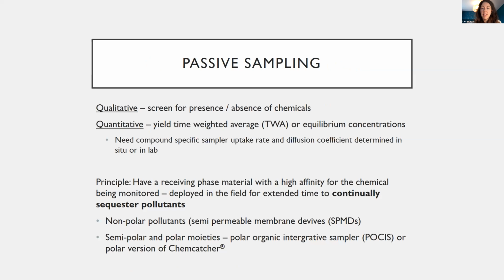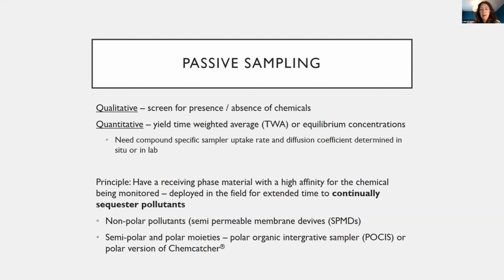So the next sampling technique I'm going to talk about is passive sampling. Passive sampling has recently become a major tool when you're looking at organic contaminants in surface waters, groundwaters and wastewater as well, in fact. And a whole suite of contaminants have been studied using passive samplers. In addition to prescription drugs, you can also see illicit drugs, pesticides, PAHs using this sampling technique.